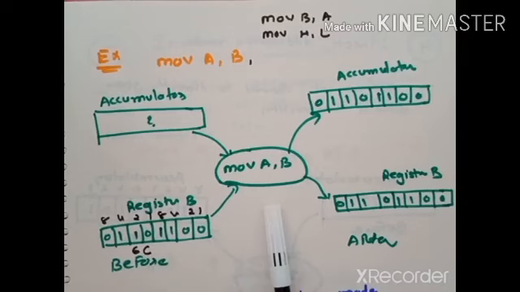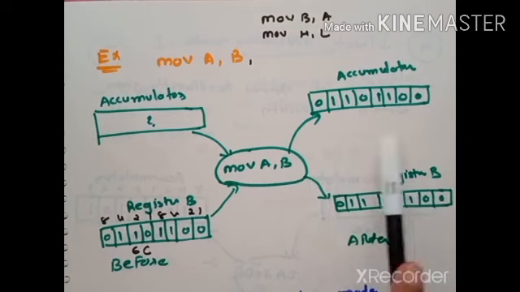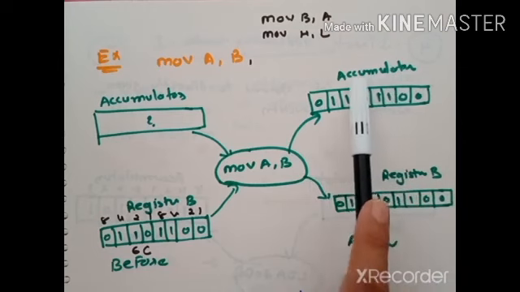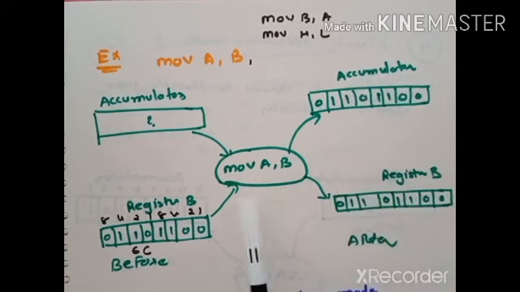After execution, the content of B is transferred to A. That means after execution, the contents of the B register and the A register are the same.